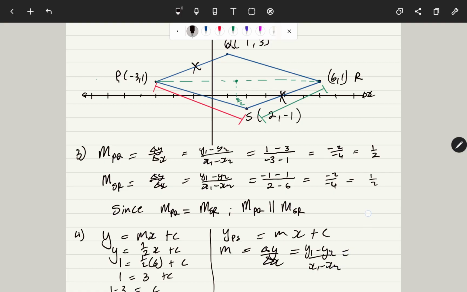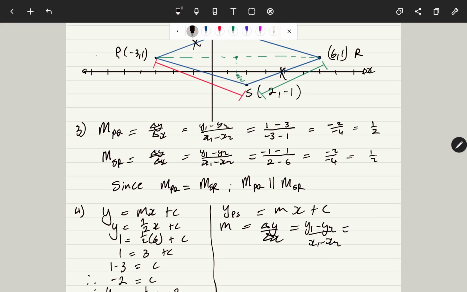If I substitute, say 1 is P and this is S, so y1 is 1, y2 is minus 1, and then x, I have minus 3 minus 2.